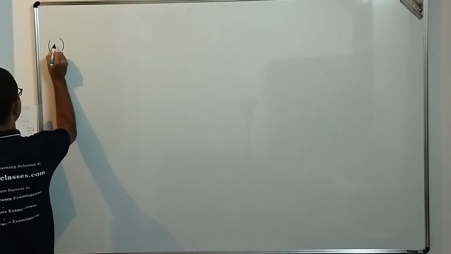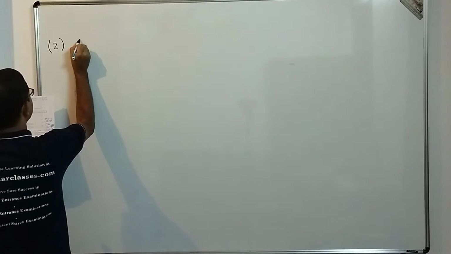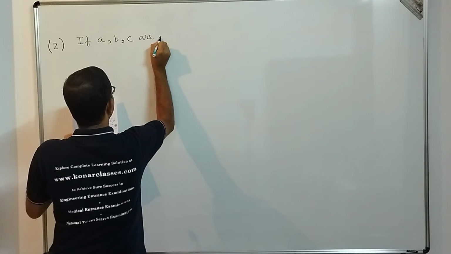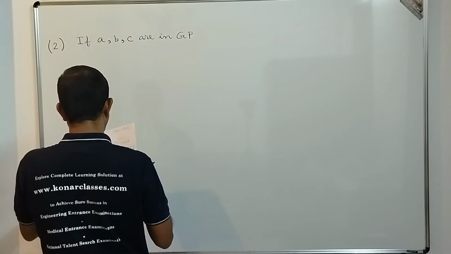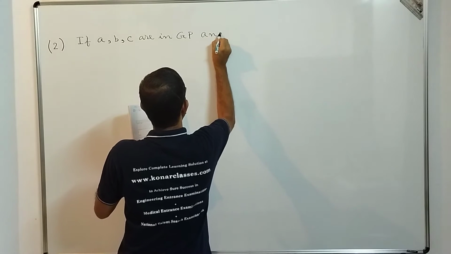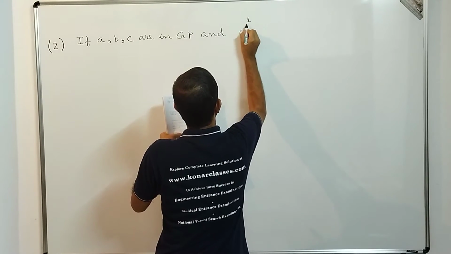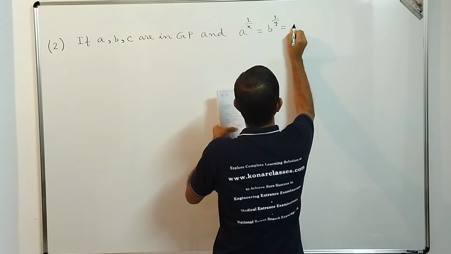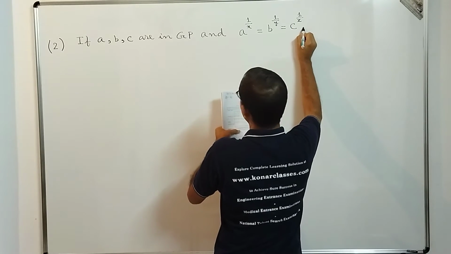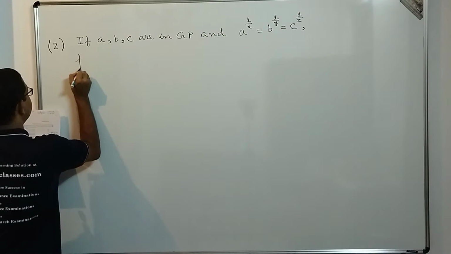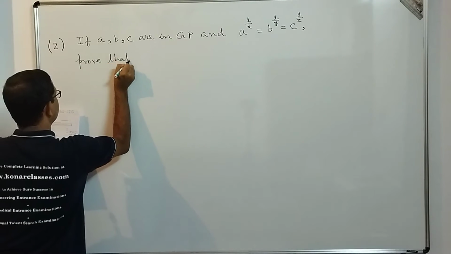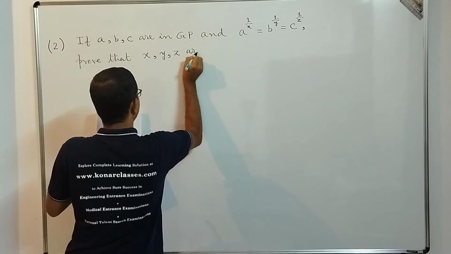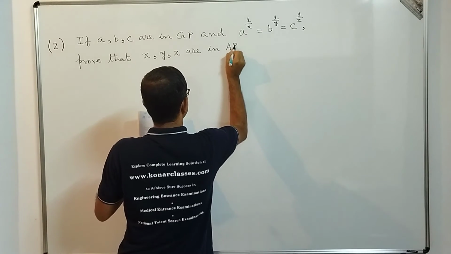So the question here, dear students, is: if A, B, C are in GP, that is geometric progression, and a to the power 1 by x is equal to b to the power 1 by y is equal to c to the power 1 by z, prove that x, y, z are in AP, arithmetic progression.